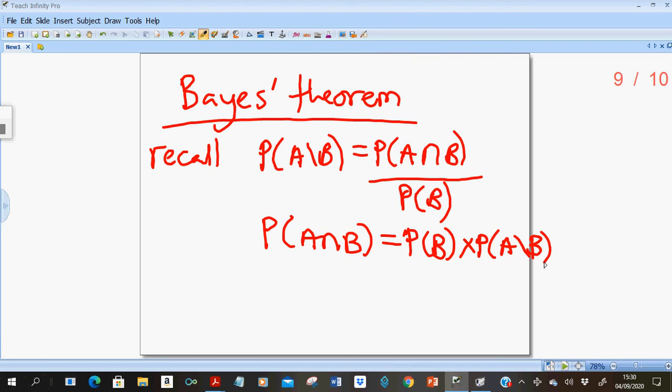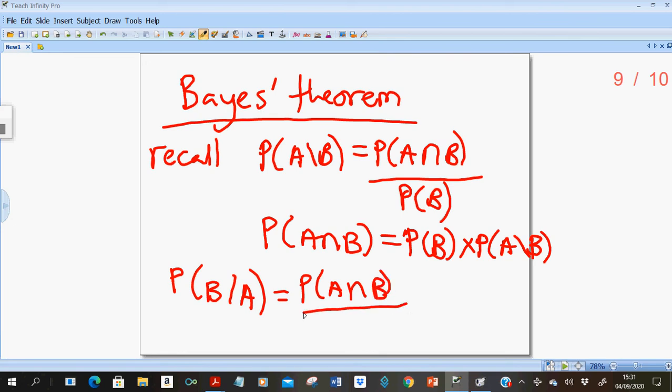Now, note this again. We can use therefore this probability to find the probability of B given A. So the probability of B given A, we know this is the probability of A intersection B over probability of A. Now, suppose we don't know A intersection B, but we know the probability of A given B and the probability of B. We can use this, because this is just the same as the intersection.